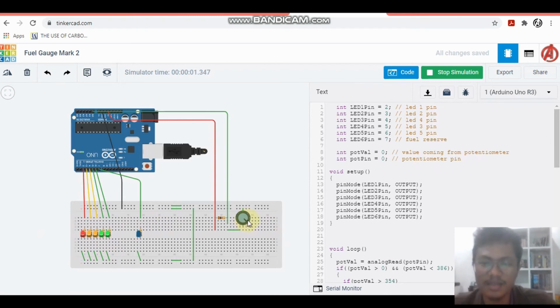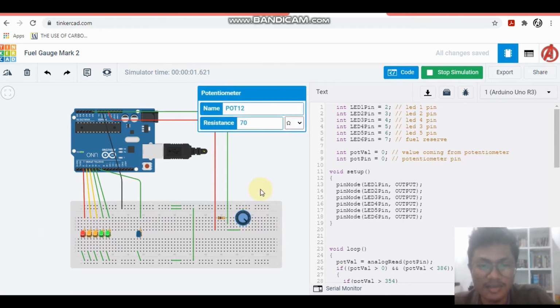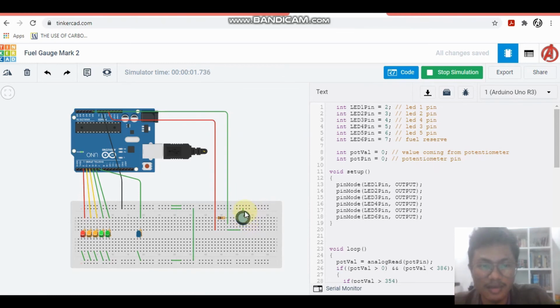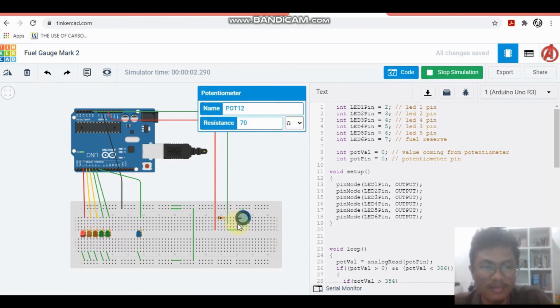As the fuel level decreases, the level sensor will change its potentiometer value, reducing the voltage and reducing the LEDs lit. And lastly, only the blue LED lights up. Blue LED indicates reserve fuel in the tank.